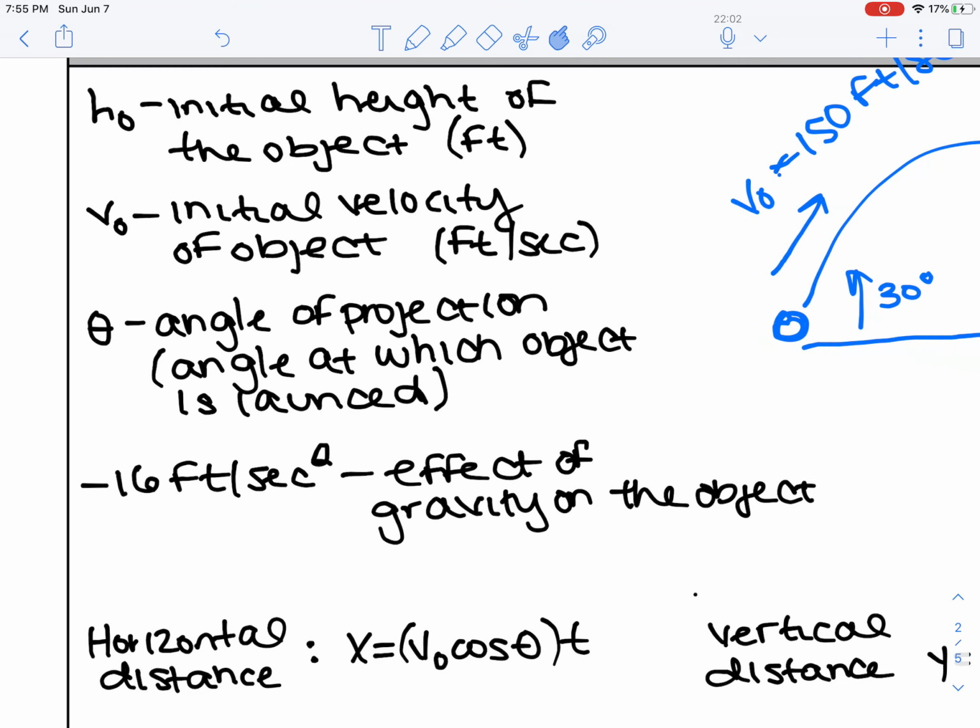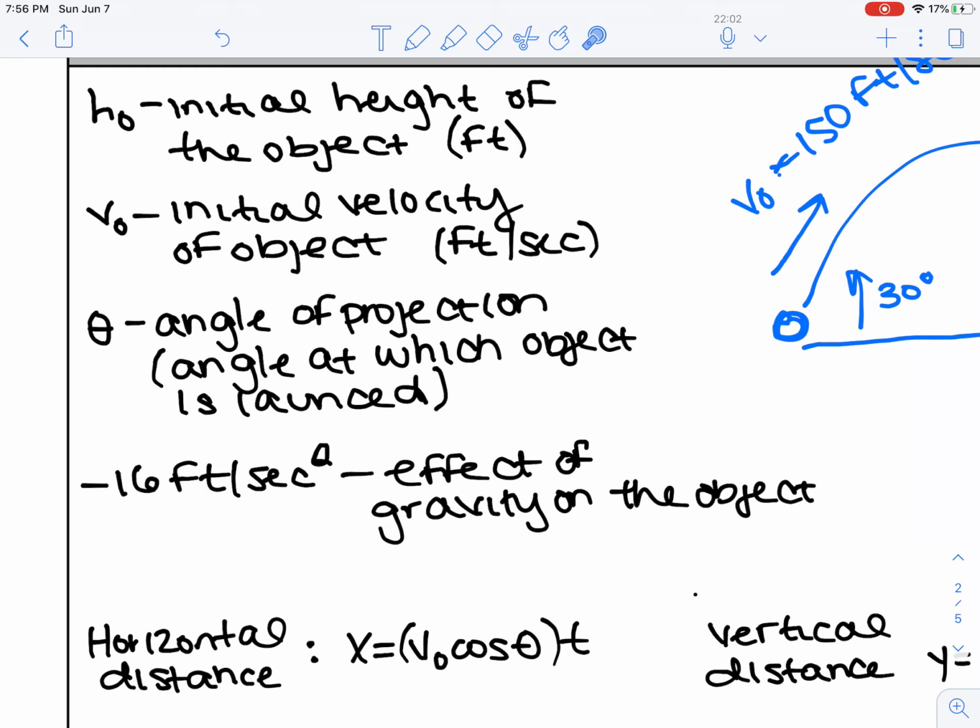We also have the initial velocity of our object. Again, it's going to be measured in feet per second, but it will always be some unit of distance and some unit of time. In this case, v sub 0, our initial velocity, is equal to 150 feet per second. We'll come back to that in a little bit.